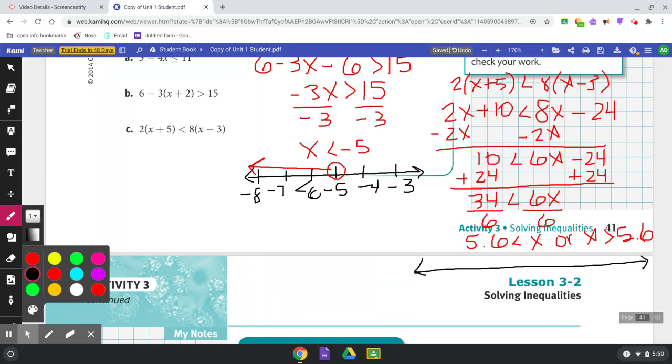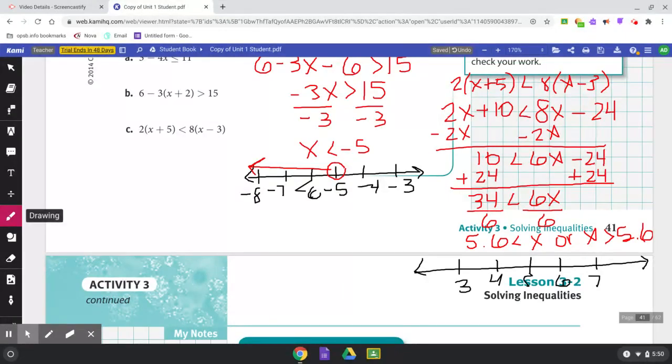I'm going to label it 3, 4, 5, 6, 7. At 5.6, I'm going to have an open circle, which is approximately right here in between 5 and 6. Open circle, not a closed circle, and I'm going to extend in the right direction because those values are larger or greater.